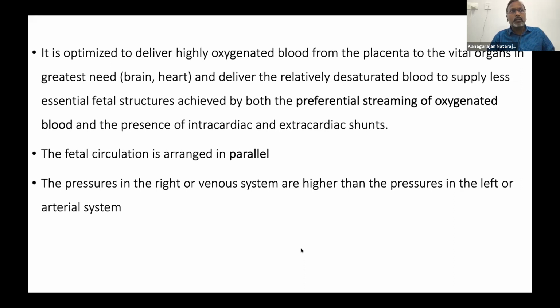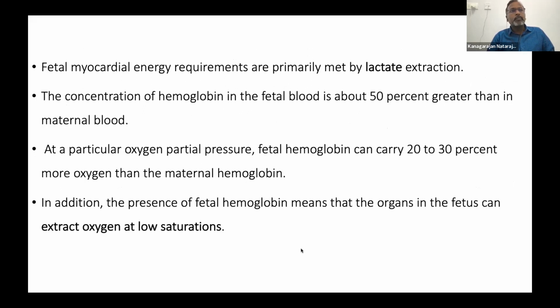Another important thing is that the right side pressures are higher than the pressures in the left or arterial system. Then comes the fetal myocardial energy. In contrast to the normal glucose requirement, it is primarily made by lactate extraction. Another important adaptive response is the concentration of hemoglobin. The fetal hemoglobin is 50% greater than the maternal blood.